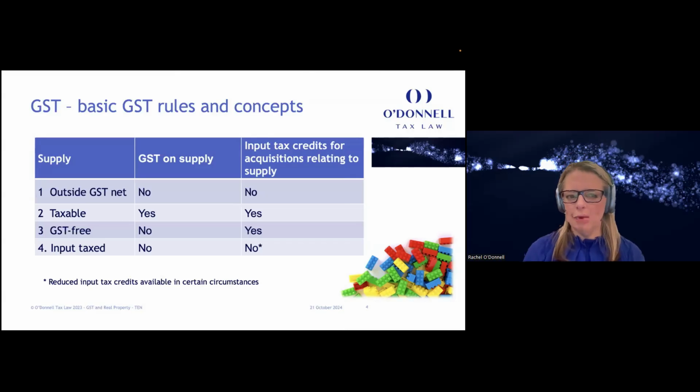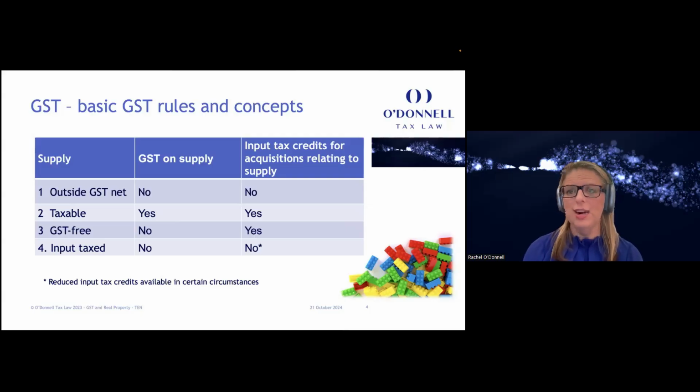So once we've gone into that threshold issue and we've figured out, okay, we're not outside the GST net, the starting point is that we have a taxable supply unless it's GST-free or input taxed. Where we have a taxable supply, that means we do charge GST on that supply, and we are entitled to input tax credits for acquisitions relating to the supply. So, for example, if you have a vendor who is selling commercial property, they're registered for GST, they're making the supply in the course or furtherance of their enterprise, all of those threshold issues are satisfied.